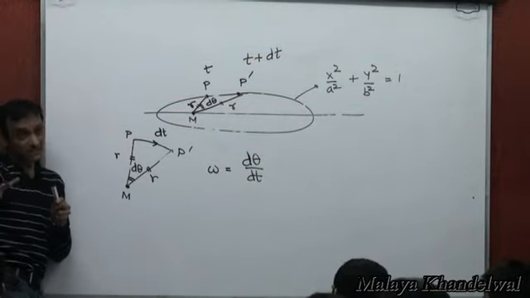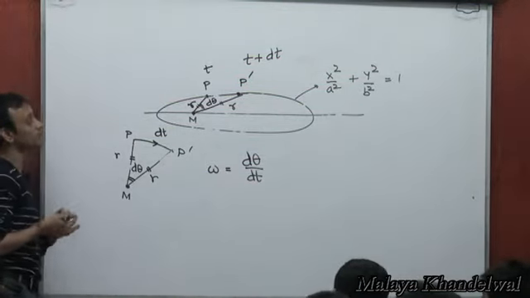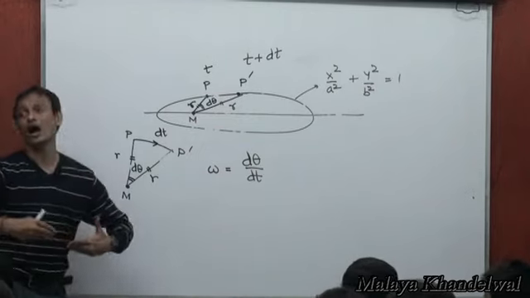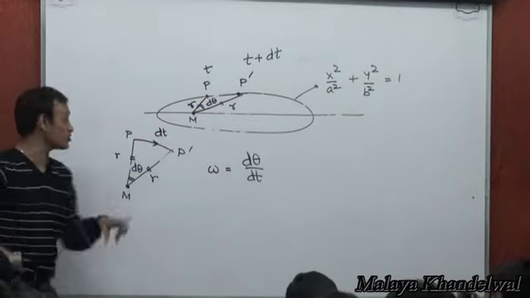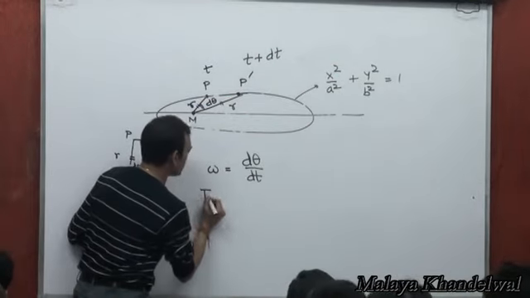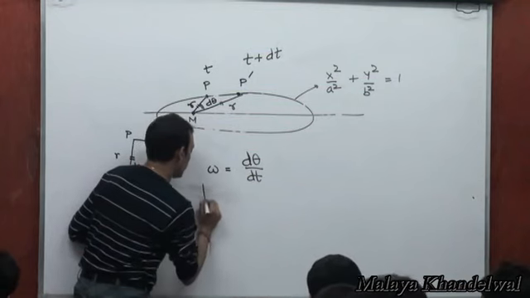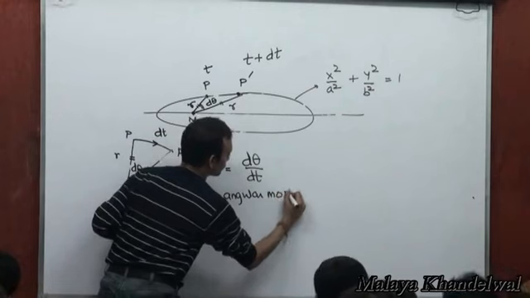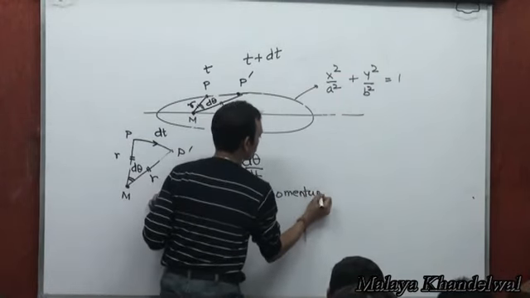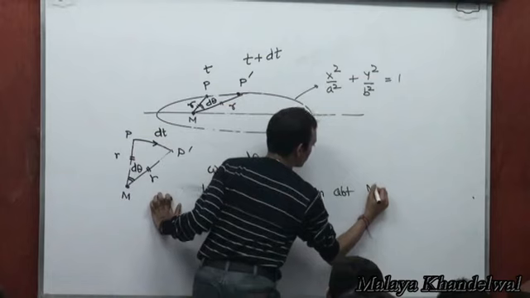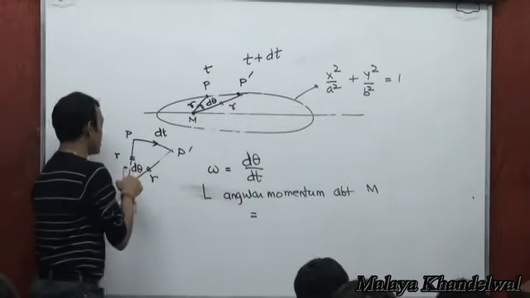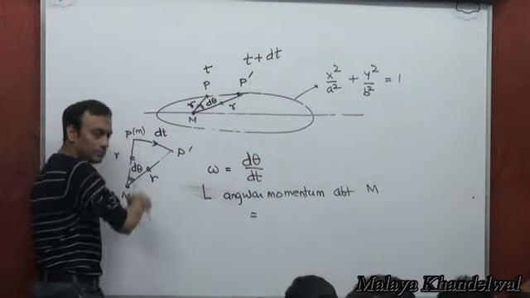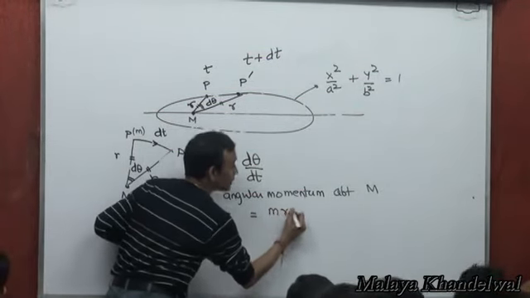That is going to be its angular speed, and its angular momentum about M is going to be I times omega, where the moment of inertia about M is mr squared, into omega.